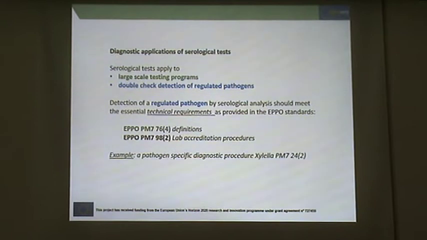Generally, the ELISA test, the gold standard of immunoassays, applies to large detection when we have to screen a large number of samples, or when we need a double check, especially when we deal with regulated pathogens. And this is the case where we are in TROPICSAFE.